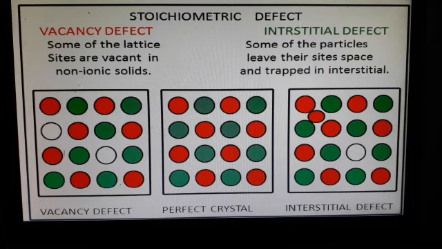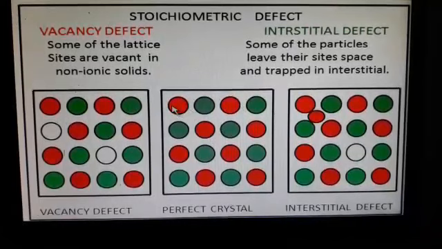It is of two types, vacancy defect and interstitial defect. In vacancy defect, some of the lattice sites are absent, while in interstitial defect, some of the lattice sites are empty, but the particle is not leaving the crystal.